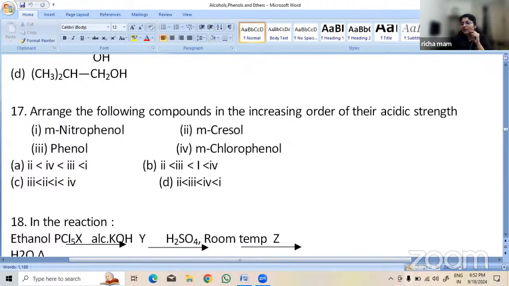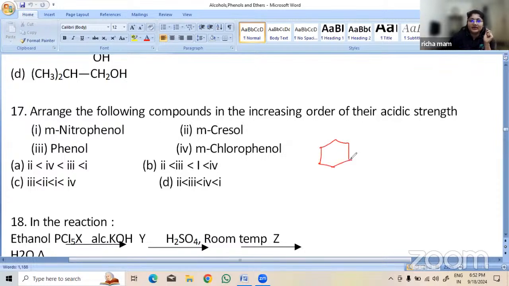Yes, we have already seen such questions based on the acidic strength. So please tell me, what is the answer?